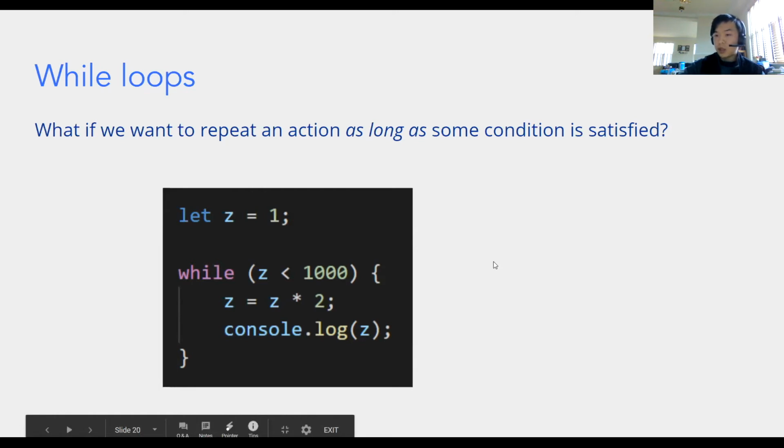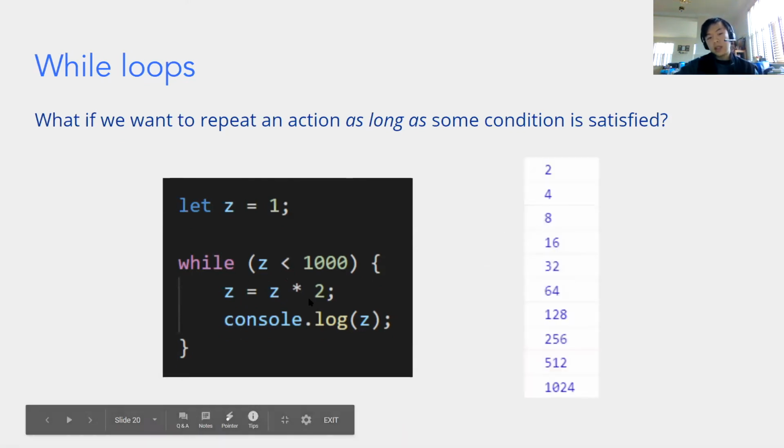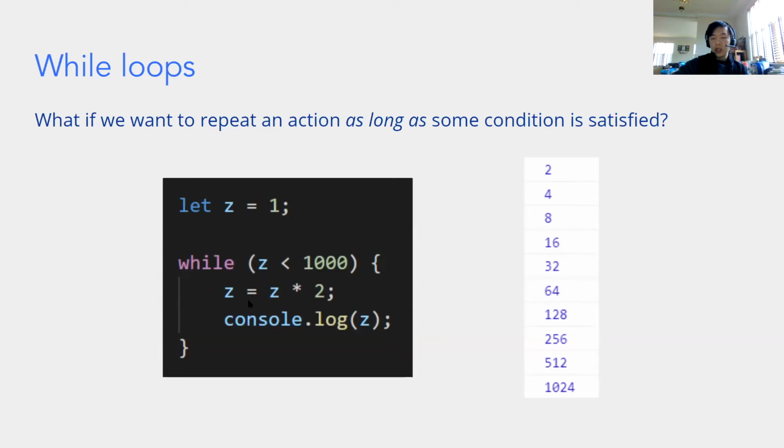Does it output 1024? It does, because when it hits 512, it'll double it and then output it, and then it'll go back and ask, has it now broken the barrier? So it does the entire block of code, goes back, and then asks, am I still satisfying this condition here?